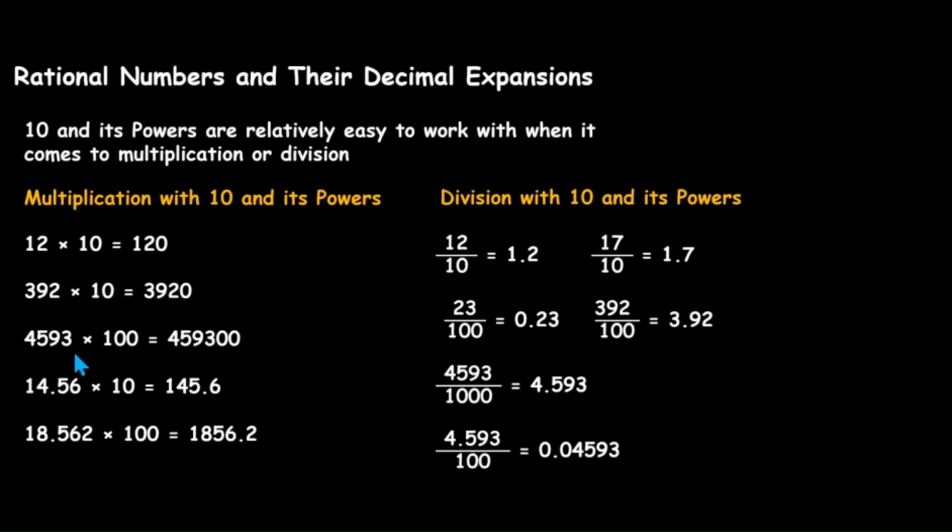Similarly, if a number is getting multiplied with 100, which is a power of 10, we keep the number as it is and put two zeros at the end of the number, as 100 has two zeros. And if a number is getting multiplied with 1000, then we put the number as it is and add 3 zeros, as 1000 has 3 zeros, and so on.